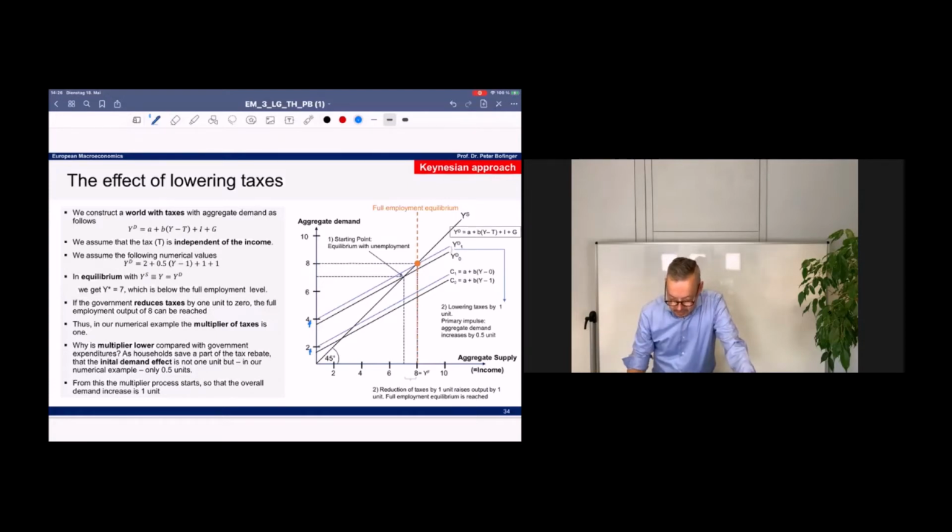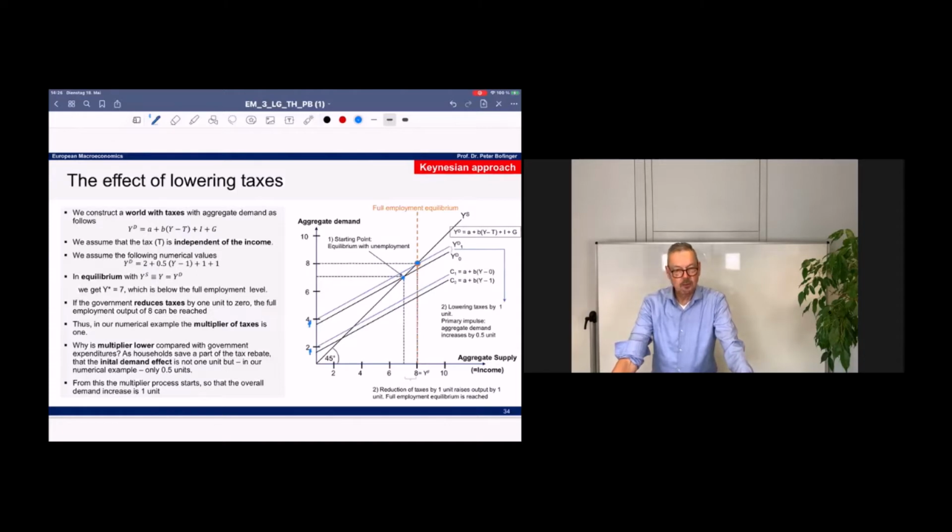And we see here now that with a higher aggregate demand curve, we get a new equilibrium, our full employment equilibrium, and the equilibrium output increases by 1 unit.